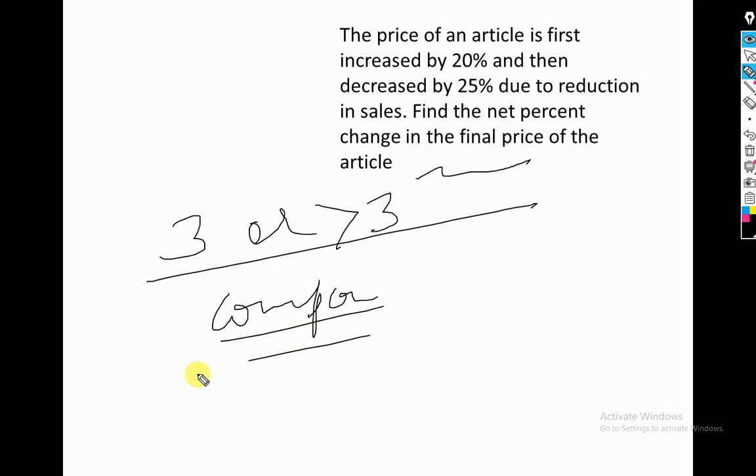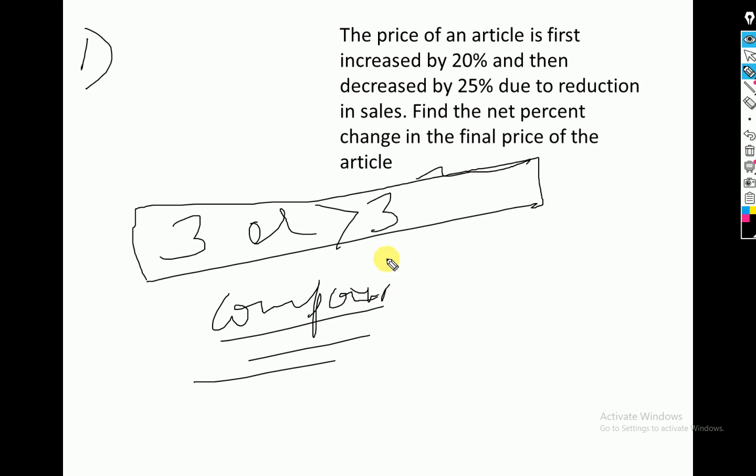Because if you use the successive technique over instances where there are more than 2 successive changes, it becomes very lengthy. Okay, so please use the compoundation technique the way I have shown you, taking the fraction value and then multiplying vertically.